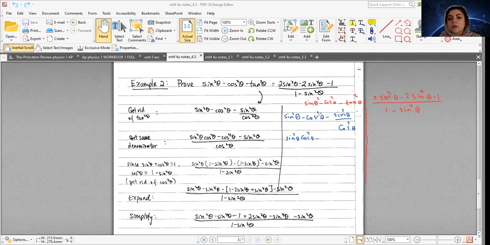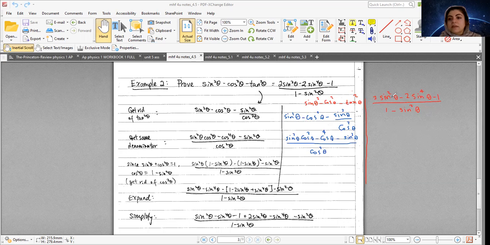Minus, multiply this one by cosine power 2, it becomes cosine power 4. Okay. And this one, you don't have to multiply by anything because the denominator is cosine power 2 already. Minus sine power 2 theta. Okay. Divided by cosine power 2 theta.